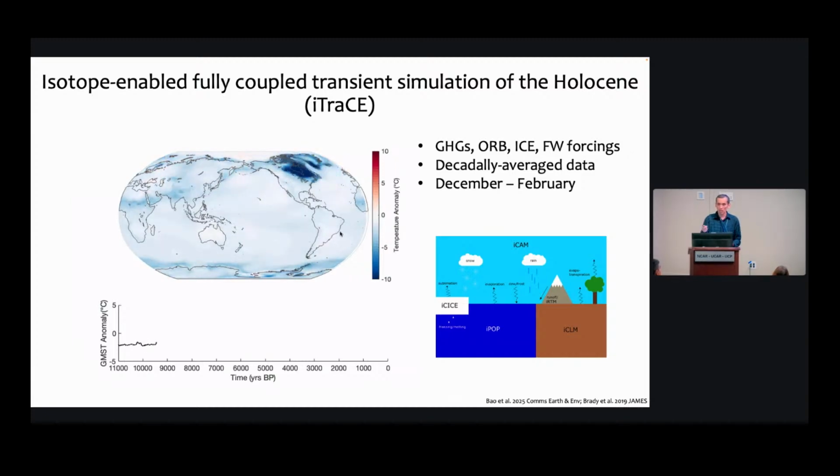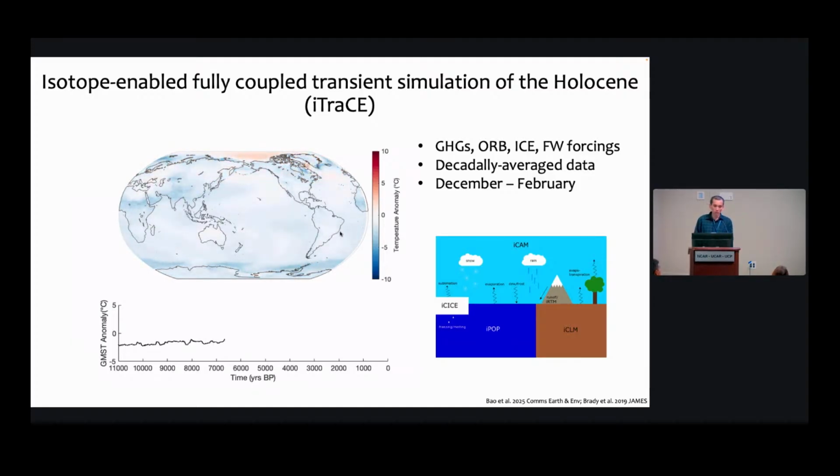It's an extension of the simulation that Xiaojing mentioned, where it incorporates greenhouse gases, orbital forcing, ice sheets, and also freshwater forcings. For my analysis, I look particularly at decadally averaged data because that's what's available for now, and I also look at a December to February period because most of the rainfall happens during that period.